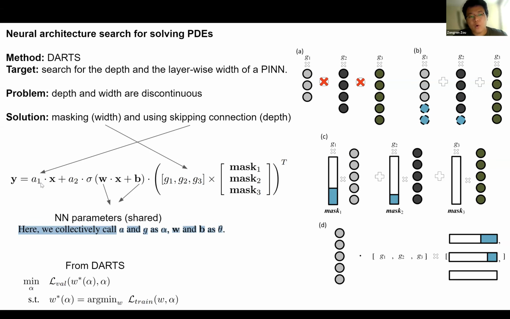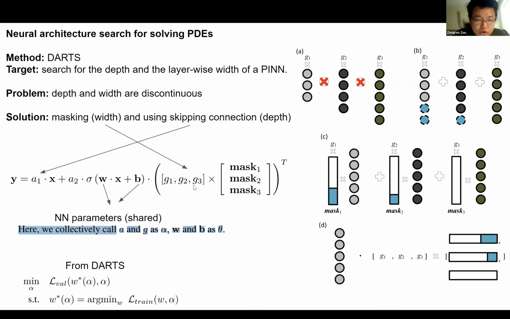So if A1 is close to 1 or is much larger than A2, they're both non-negative scalars, then there is the skip connection, meaning that for this part there's no nonlinear activation function, so the depth is shrunk by 1.